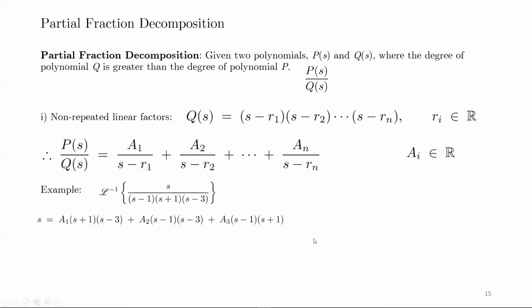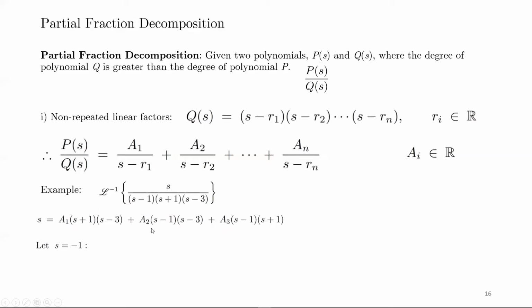So we need to find values for A1, A2, and A3. Just give myself a little bit of space here. Well, what happens when S is equal to negative 1? The left-hand side is just equal to negative 1. But on the right-hand side, I get A1 times negative 1 plus 1, which is 0. So I get 0 here.